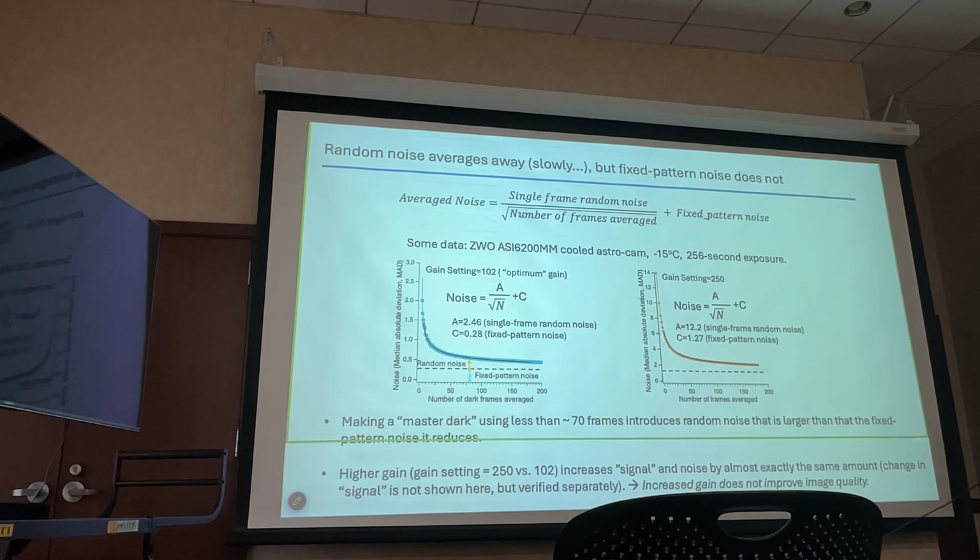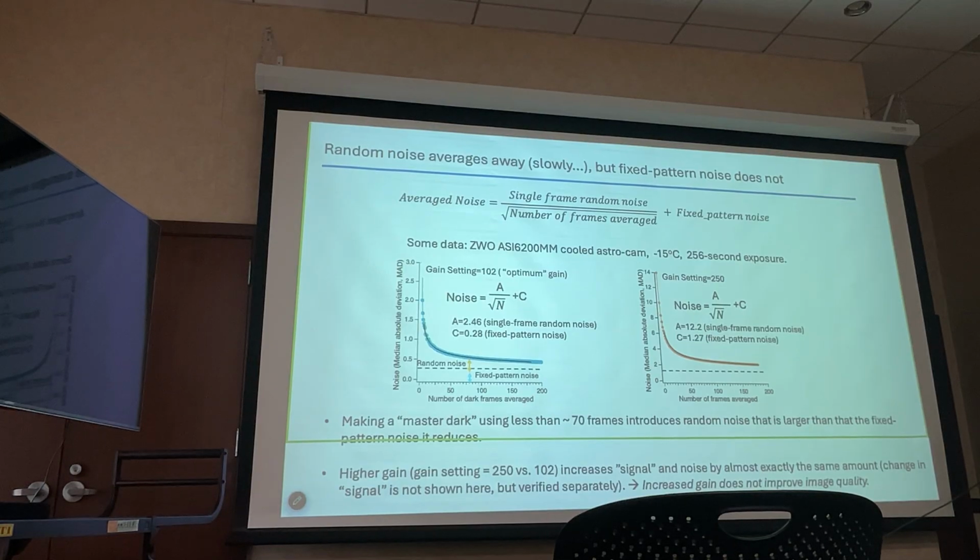The second one is that going to a higher gain makes your signal bigger, but it also makes your noise bigger, both your random noise and your fixed pattern noise, by exactly the same amount. So you do nothing for signal to noise by going to a higher gain, and in fact you throw away dynamic range, because now your bright stars are going to be very saturated, right?